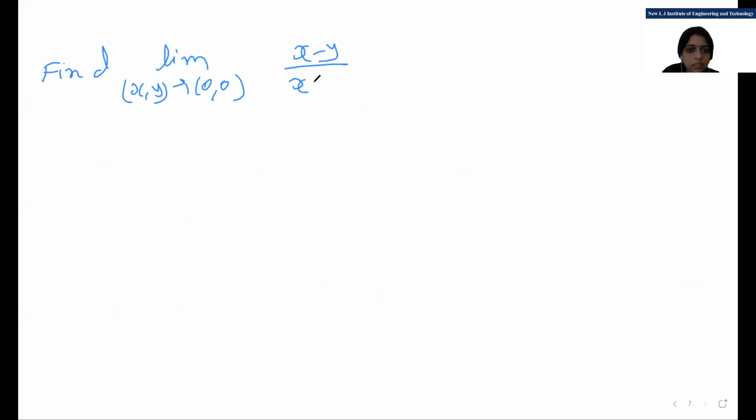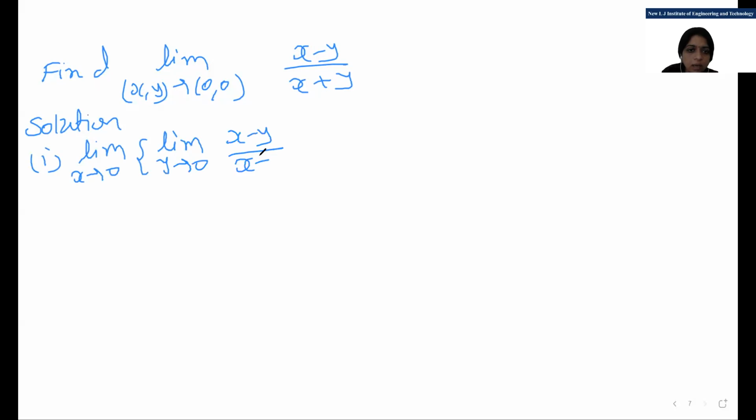So, next example, that is find limit xy tends to 0, 0, here (x minus y) upon (x plus y). Okay, so let's start the solution. Our first rule, that is limit x tends to 0. Here we have to find limit y tends to 0, (x minus y) upon (x plus y).